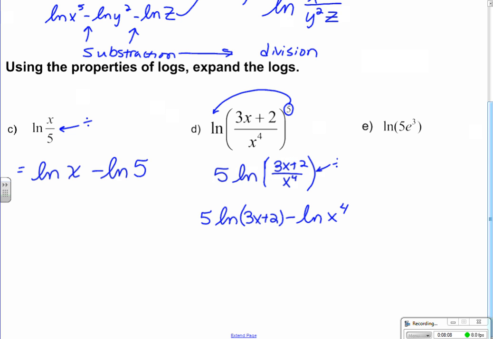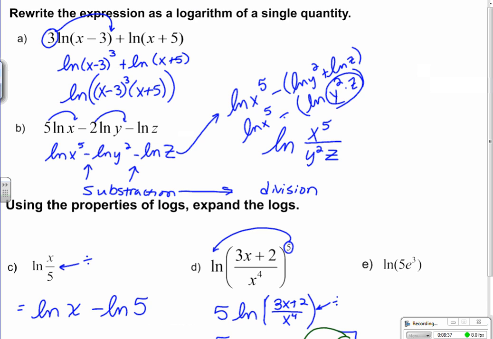Better get this out front, huh? One final thing I could do is take this 4, which is a power, and swing it down front. And if I simplify this by distributing the 5 as well to each of the logs, I believe you're going to end up with this 4 times the 5, giving us 20 natural log x.